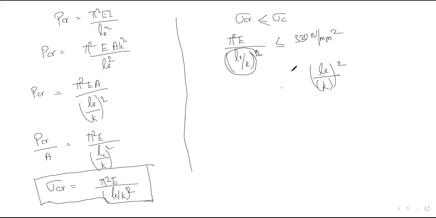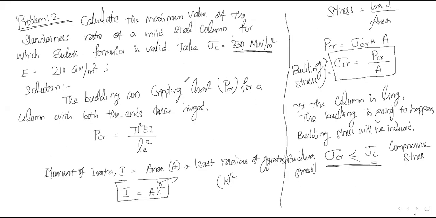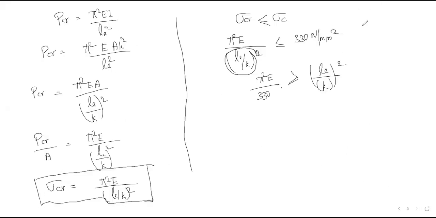The E value they have given us is 210 giganewton per meter square, which is nothing but 210 into 10 to the power 3 Newton per mm square. So pi squared into 210 into 10 to the power 3 divided by 330 should be greater than or equal to LE by K the whole square.